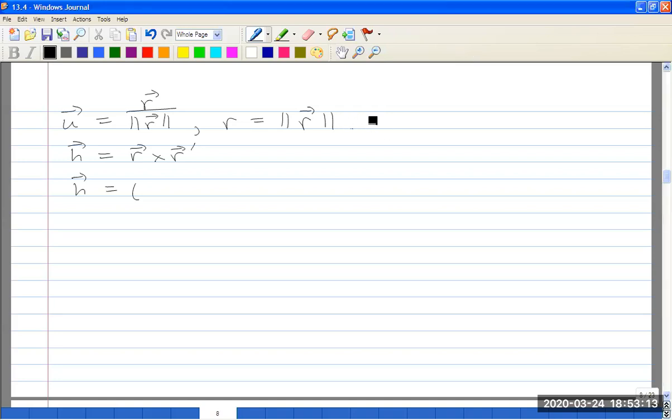So using this notation, u equals the vector r over r, so the vector r is equal to r u.